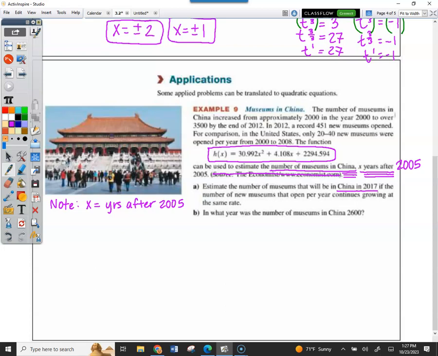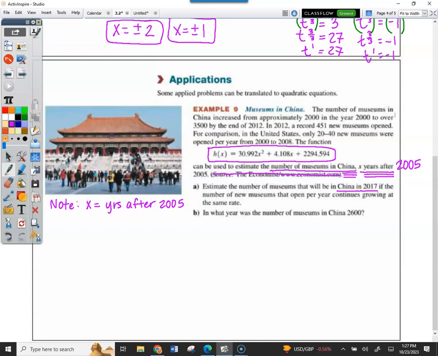You know what I mean? Remember when I told y'all with word problems, if there's two variables here. What's the first one? Number of museums, which is represented by what letter? Number of museums is represented by H. And then what's the other variable? X. There's two variables.